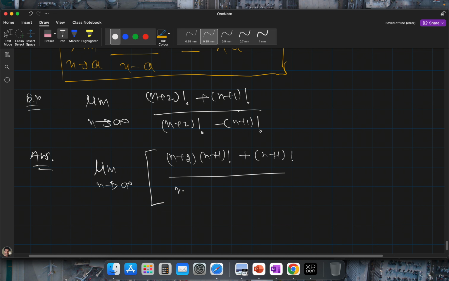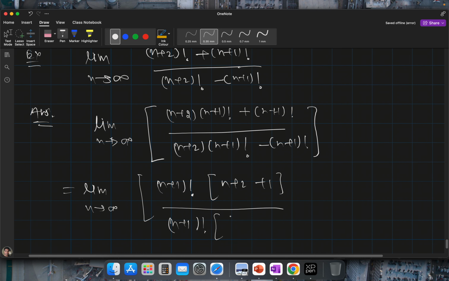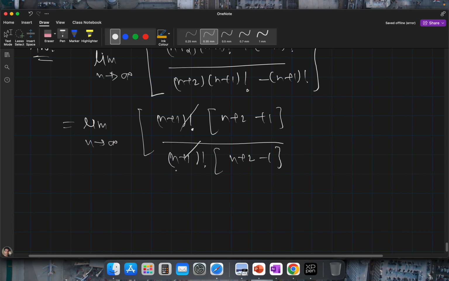And here in this case also I can write n plus 2 times n plus 1 factorial minus n plus 1 factorial. Now take common n plus 1 factorial on both sides. You will get n plus 2 plus 1, and in the denominator also you can take n plus 1 factorial common, and you will get n plus 2 minus 1. Now I can cancel n plus 1 factorial with n plus 1 factorial.